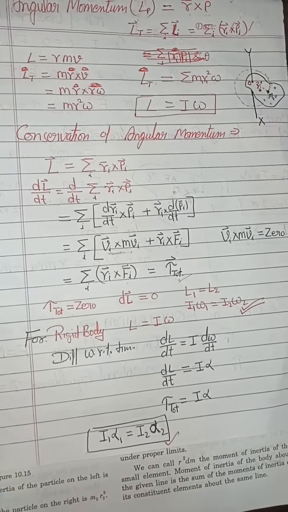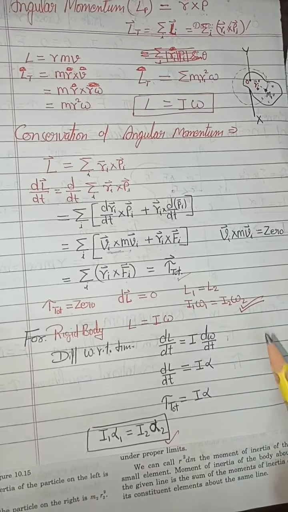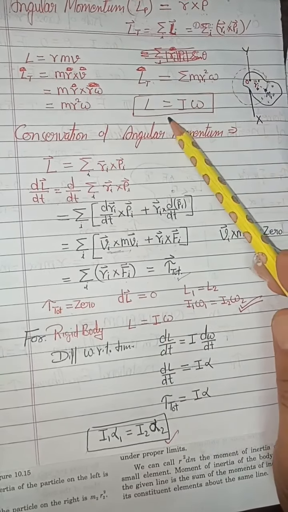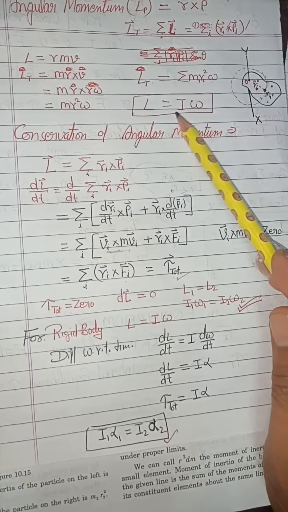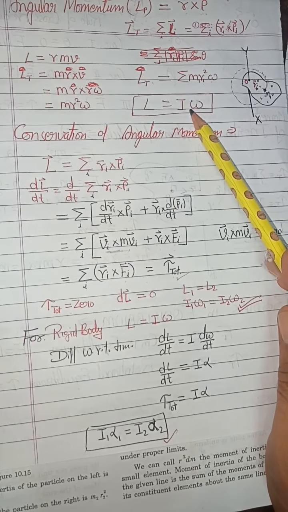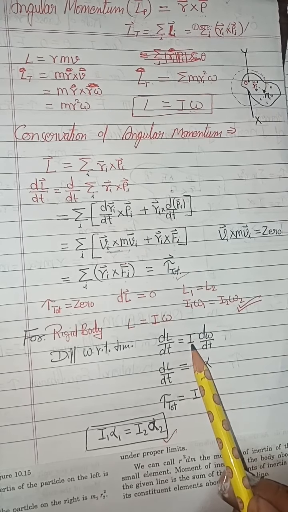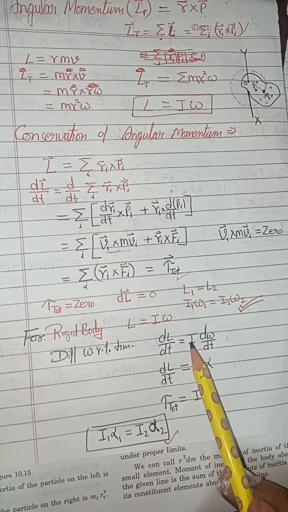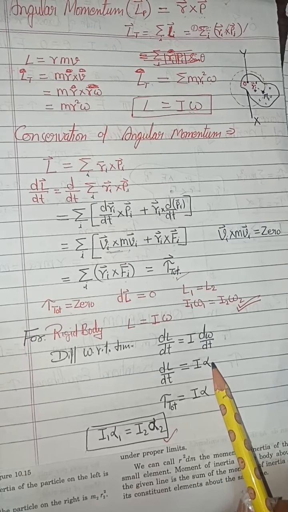Understood? Now one more relationship I am telling you: torque is equal to I into alpha, which you can derive. Because you know L is equal to I into omega for a system of particles. Now differentiating this formula with respect to time, omega is angular velocity and I is the moment of inertia of the system, so I will remain constant. So dL upon dt is equal to I into d omega upon dt, and the rate of change of angular velocity is called alpha.